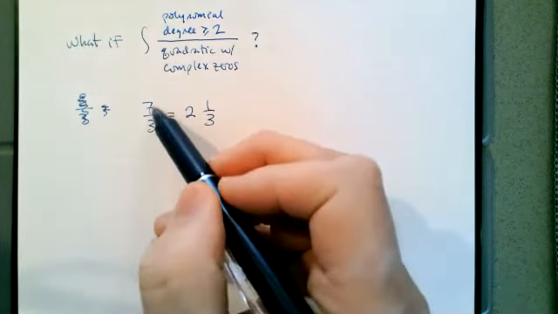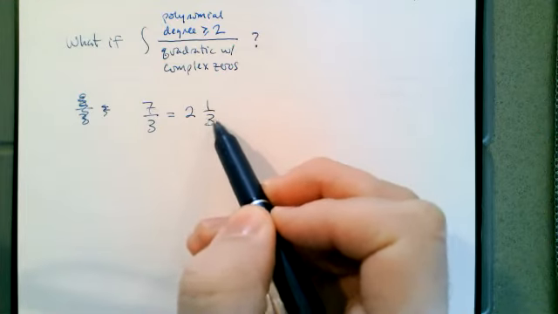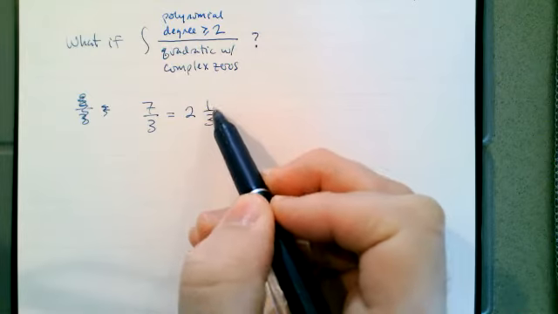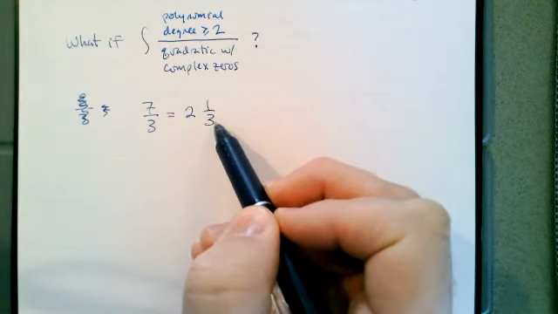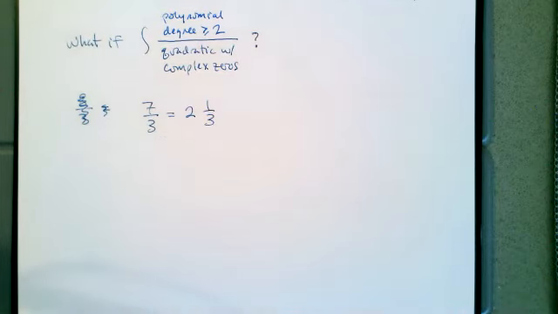We're going to rewrite our improper fraction as a mixed number, and then we'll have some polynomial, and then we'll have a fraction where the denominator is a quadratic with complex zeros, the same one that we started with, but the numerator will be of degree less than 2.